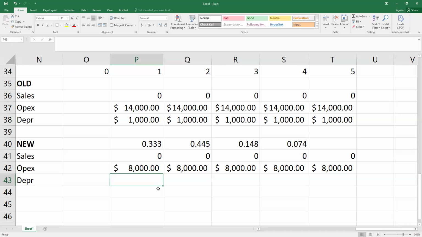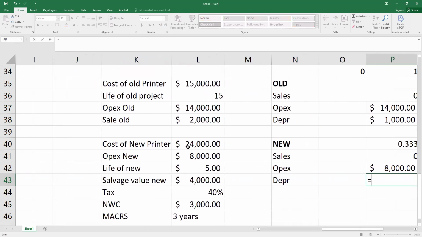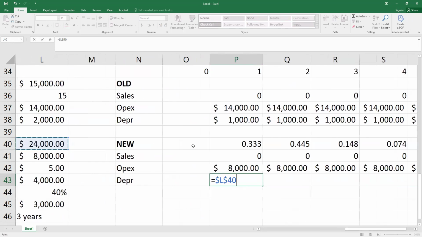So it means that my new equipment depreciation is how much? We use 24,000 multiplied by the corresponding rate. So that will give me the depreciation based on the MACRS.